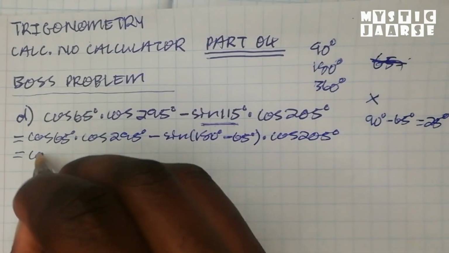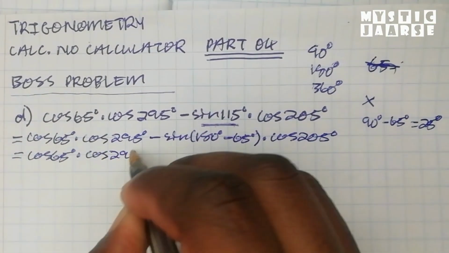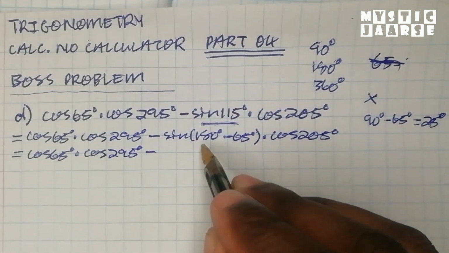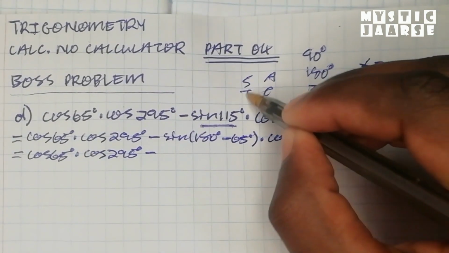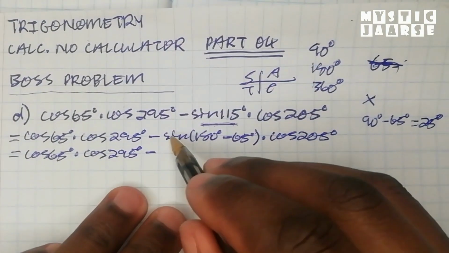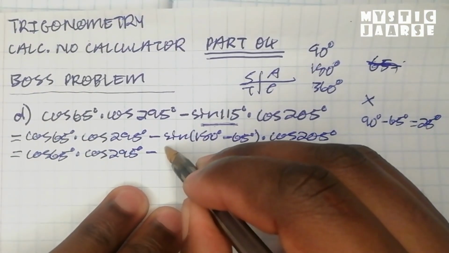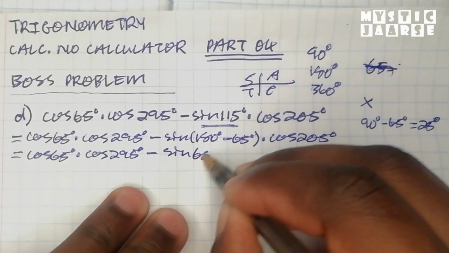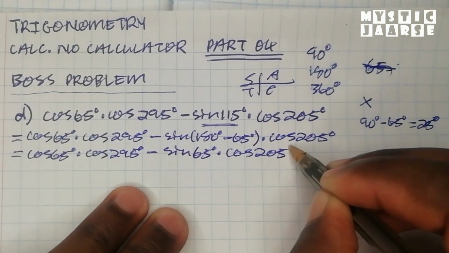That's the second quadrant, and sine is positive, so positive multiplied by negative will give you a negative. So we will have cos of 65 degrees multiplied by cos of 295 degrees minus sine of 65 degrees multiplied by cos of 205 degrees.